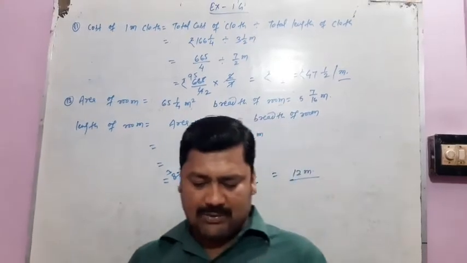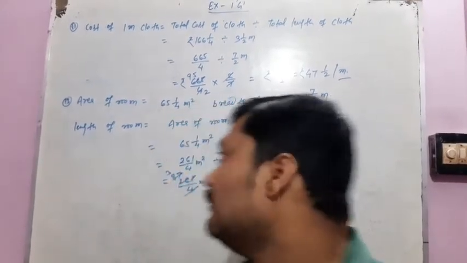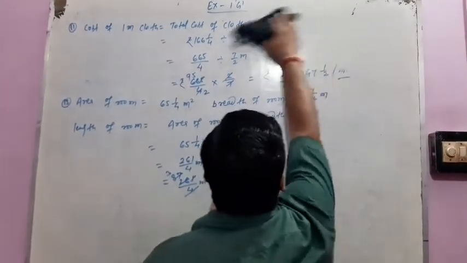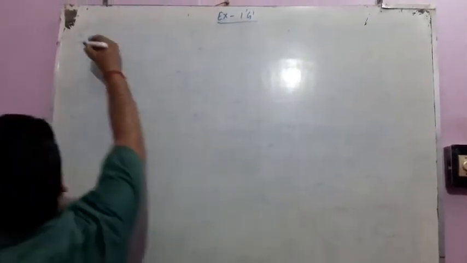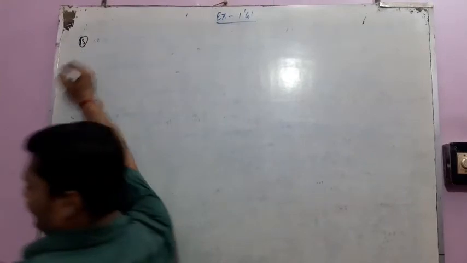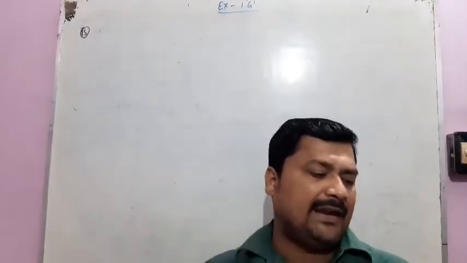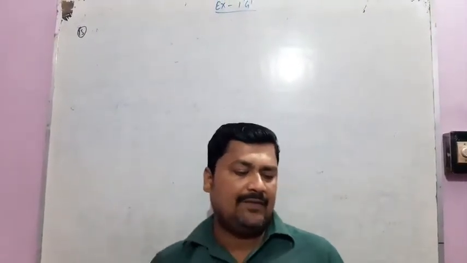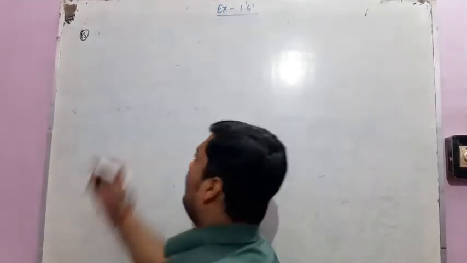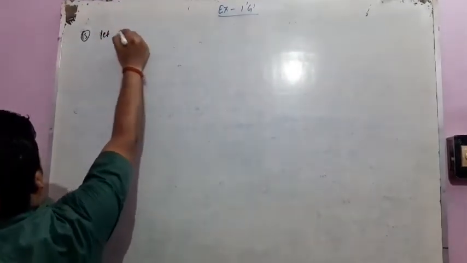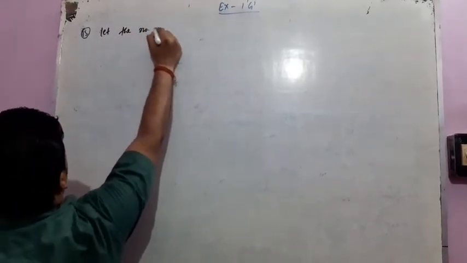Now look at question number 15 here. In a school, 5 by 8 of students are boys. If there are 240 girls, find the number of boys in the school. Let the number of total students be x.